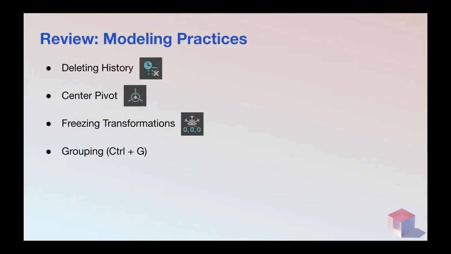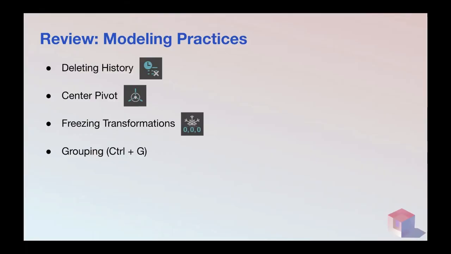Center pivot: if the pivot point is at a very weird place, you can just call it back to where it belongs. Freezing transformation is a very good tool for you to put something back to where it used to be, at the very beginning, and you could group one.